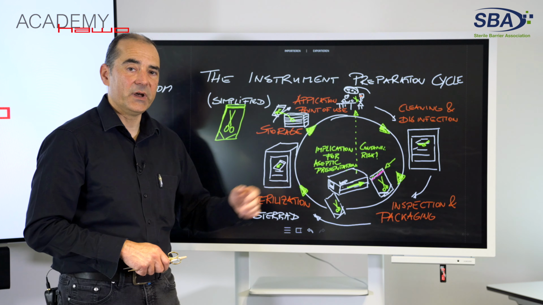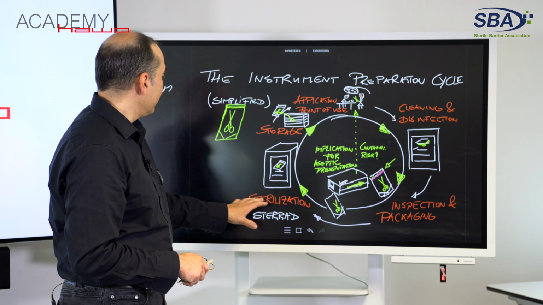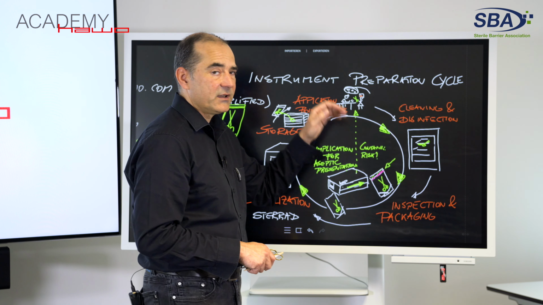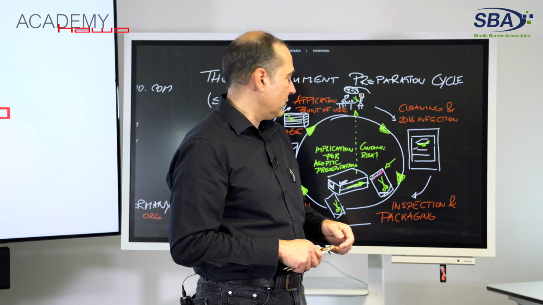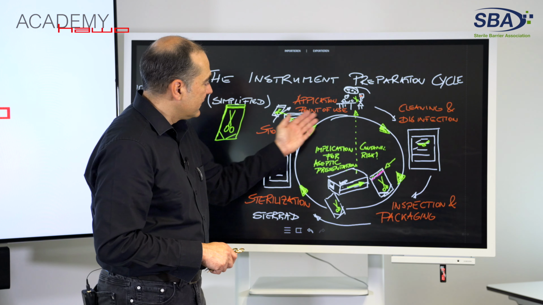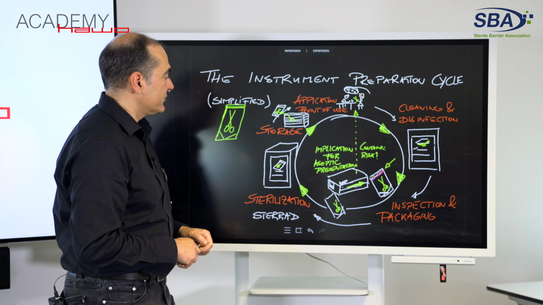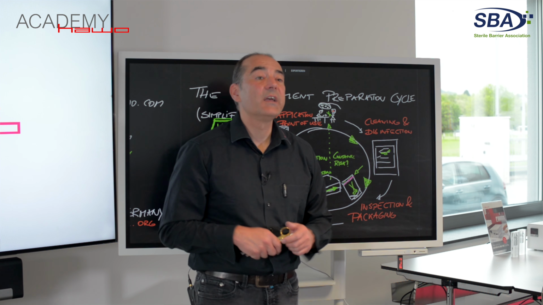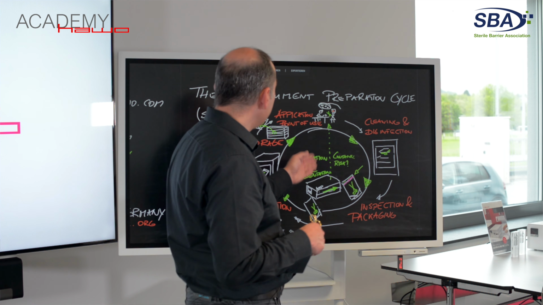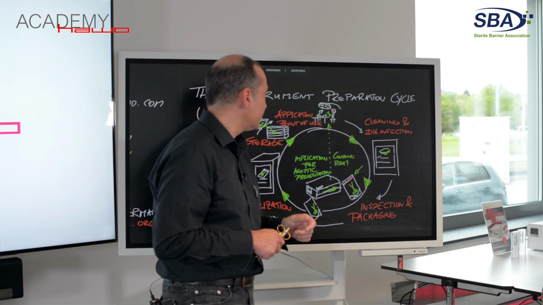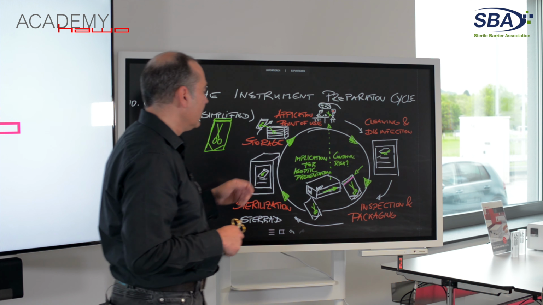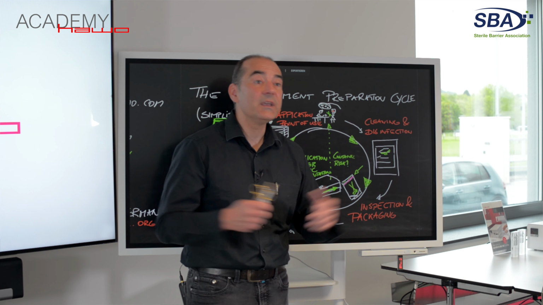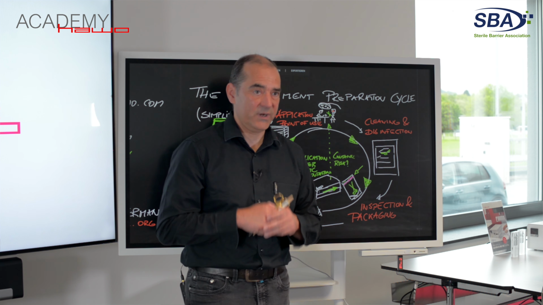We'll come back to this in a minute, via sterilization and storage back to the application at the point of use. And here is now the question whether or not packaging has an implication directly on application at the point of use, so implications for aseptic presentation or even a contamination risk.